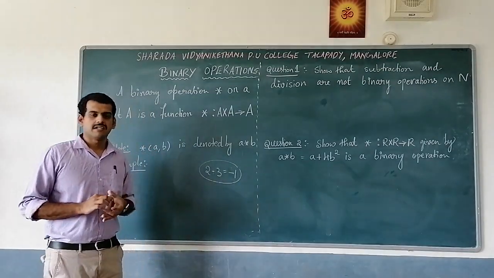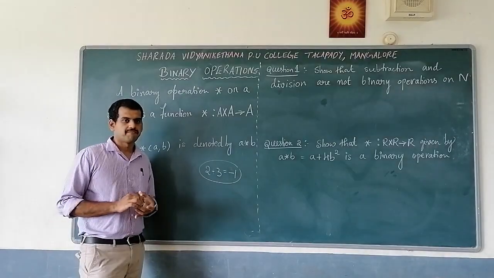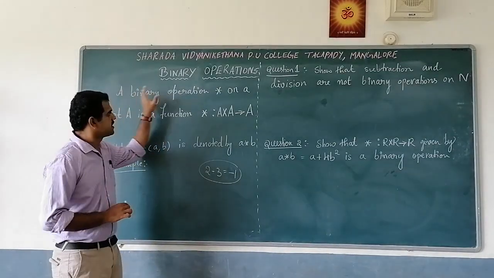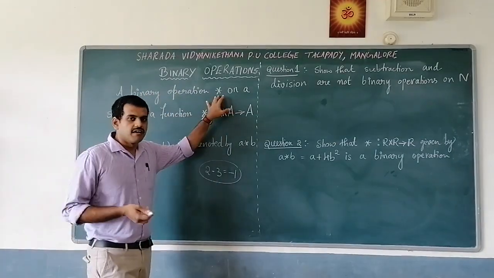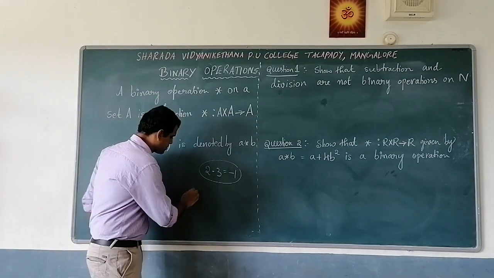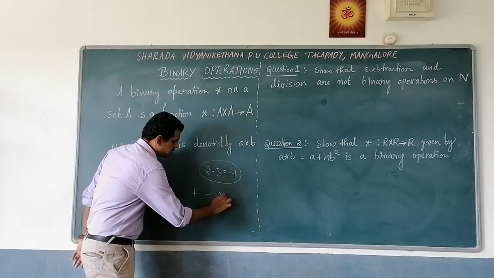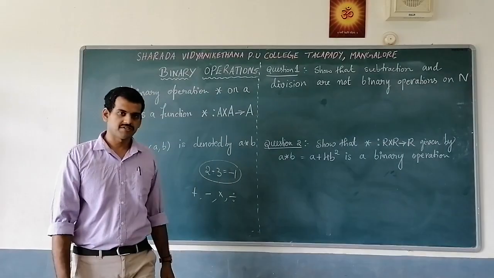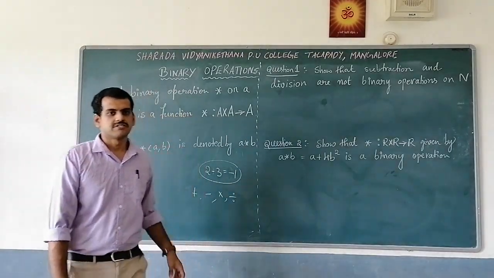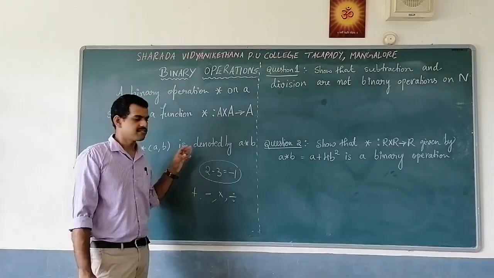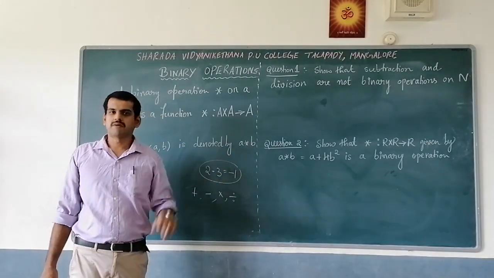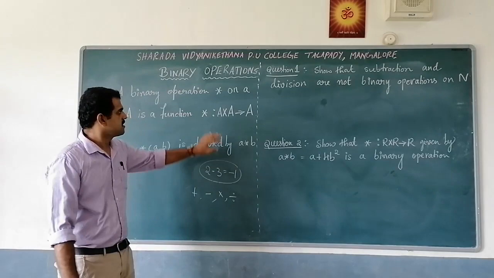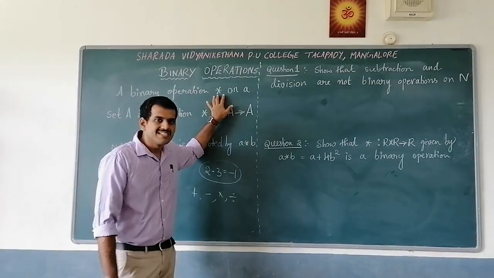So what do binary operations in general mean? You take in general any operation, generally addition, subtraction, then multiplication, division. These are the symbolic representations of these operations we are going to take, correct? So collectively so many operations are there, and generally we represent them by the notation star.